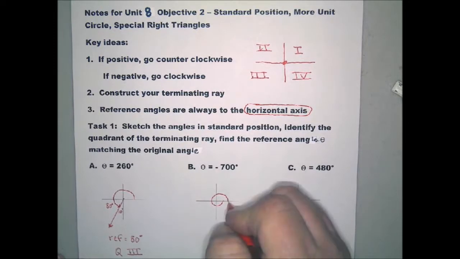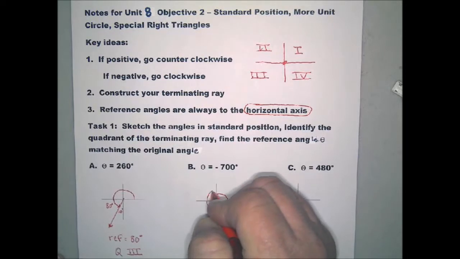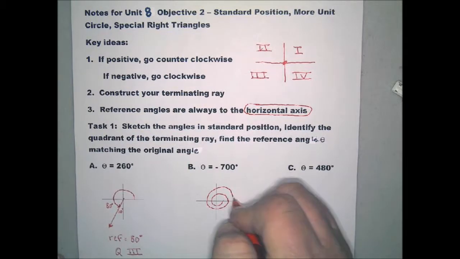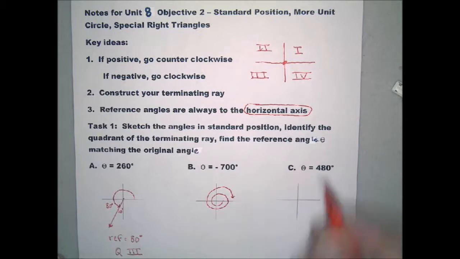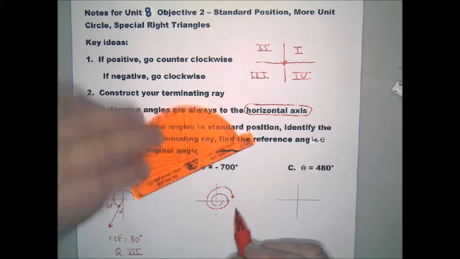Now, if I made it all the way around twice, 360 times 2 is 720. Well, I don't quite make it all the way around twice, because that would be negative 720. So I fall 20 degrees short.